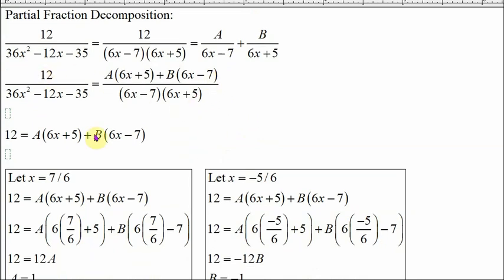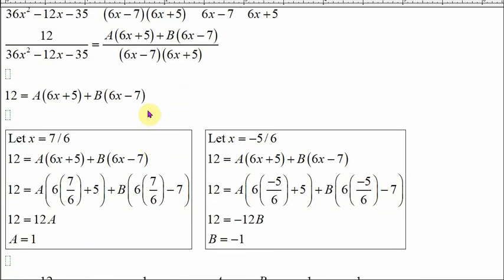From here we can see that 12 is equal to a times 6x plus 5 plus b times 6x minus 7. So this equation right here is true for all x. So we want to pick something that would make this factor 0 and make this factor 0. For example, we can let x be 7 sixths.